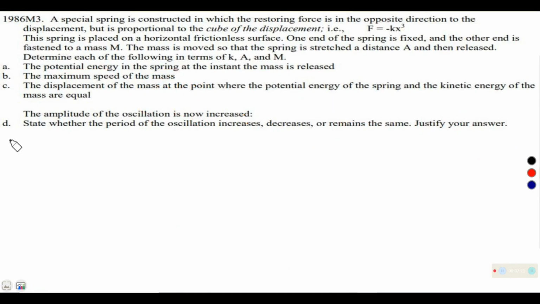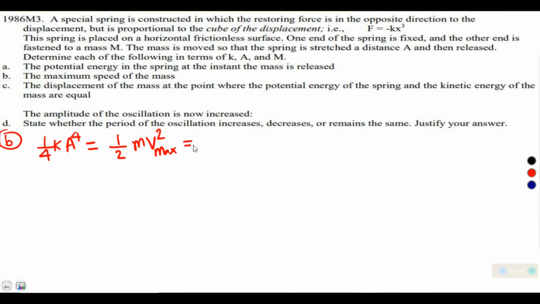So for the second part, that is part B, we have to find the maximum speed of the mass. What we can do is say the maximum stored potential energy, that is 1/4 k a raised to power 4, will be equal to half m v max square.